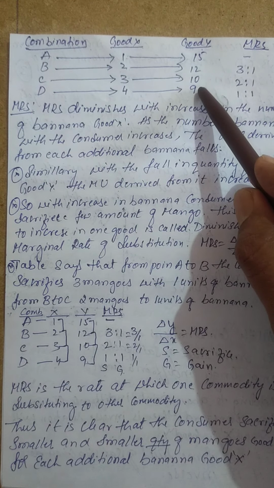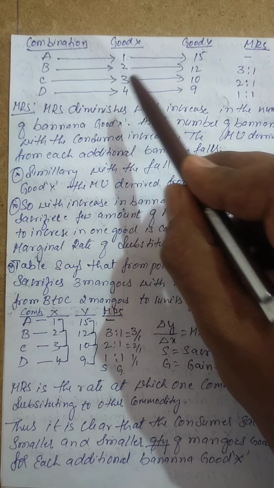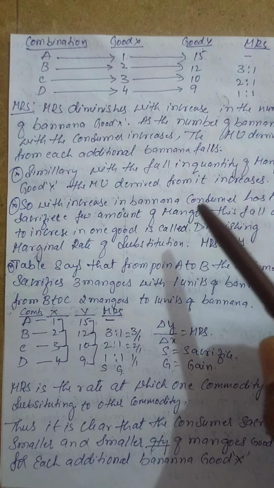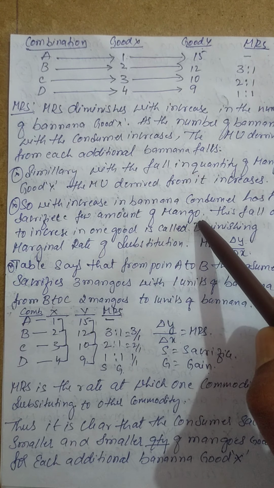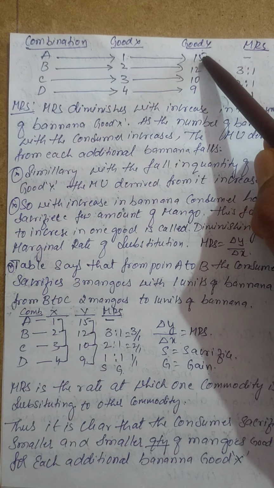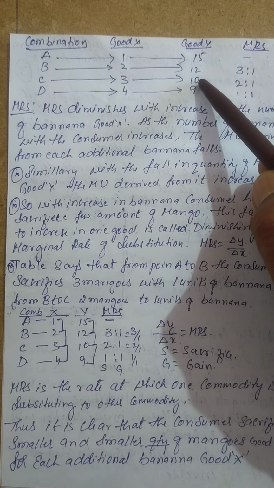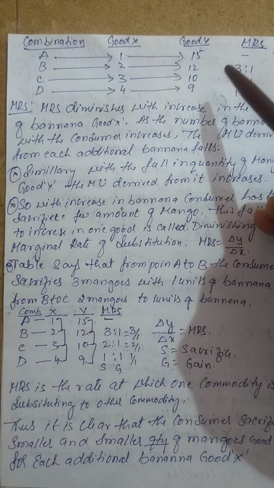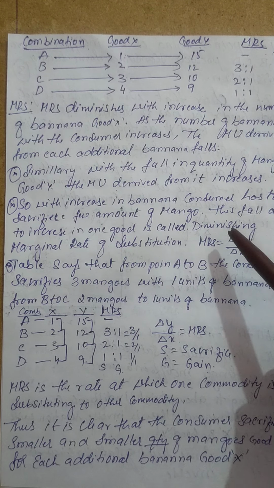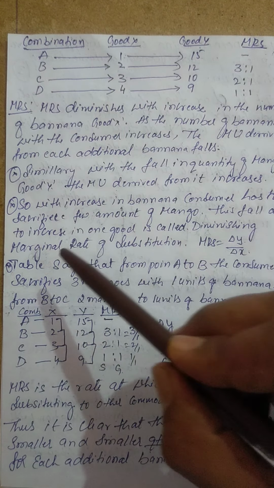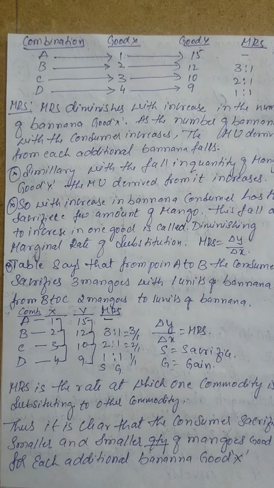Here the increase is taking place, and here the sacrificing is taking place. He has to sacrifice a few mangoes. So he is sacrificing: in the second unit of consumption he sacrificed 3 units, and from the second unit to the third unit of consumption, he sacrifices 2 units. So this sacrificing level continues. This we call the diminishing marginal rate of substitution, or MRS in short form.